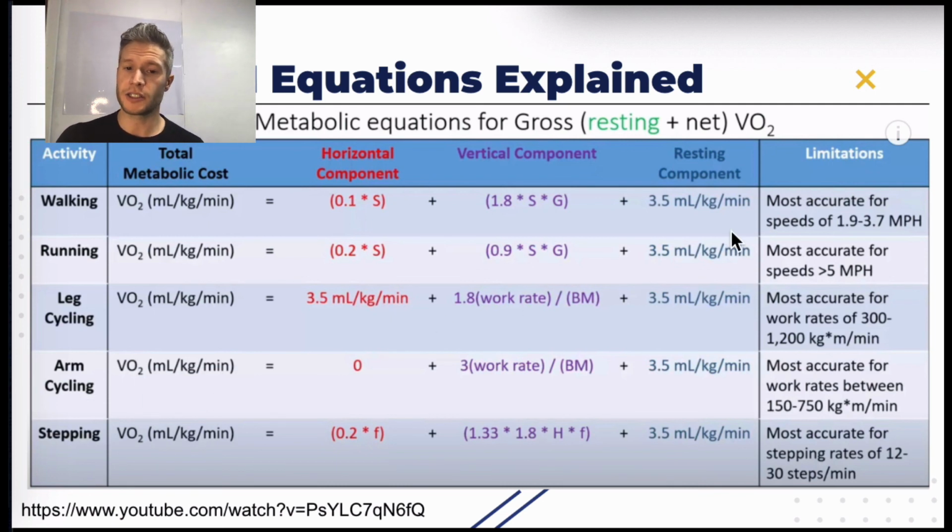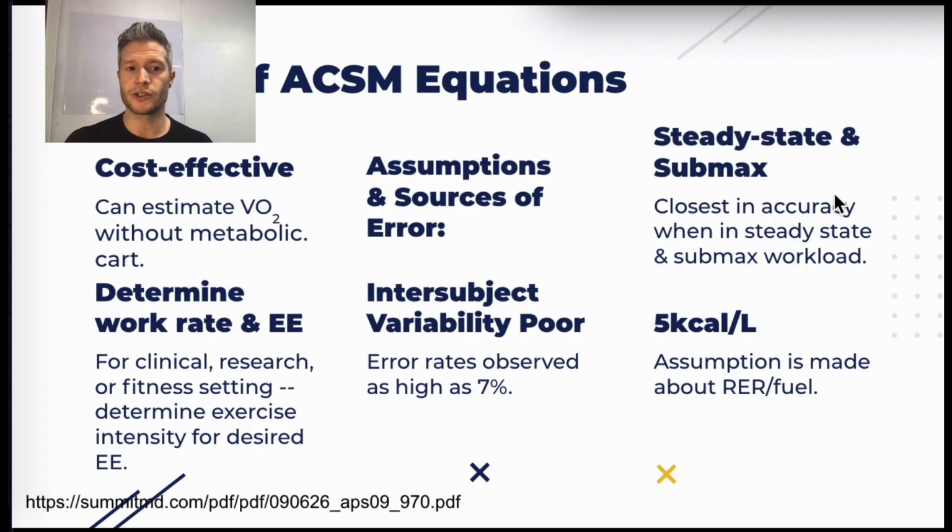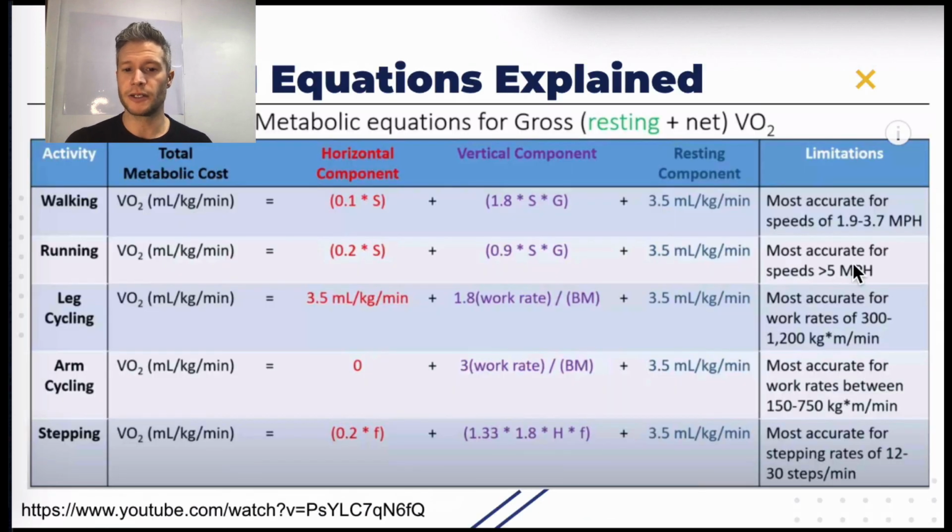Now, just to touch on the limitations, there are certain parameters and areas that this is ideal for, because it's best to have a submax effort and a steady state, and that's what these equations are based off of. Is that to say if you're trying to predict something for running less than 5 miles per hour, it's still accurate?